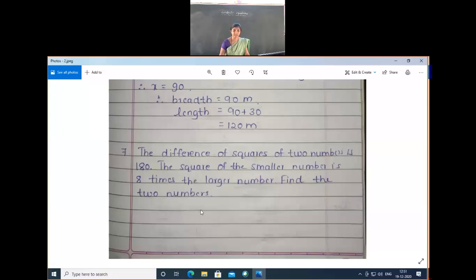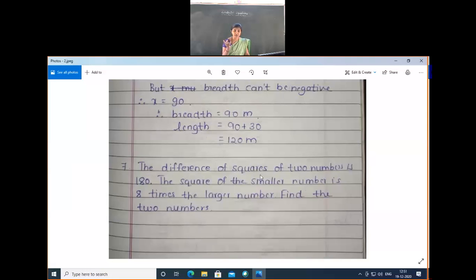The difference of the squares of the two numbers is 180. Next, the square of the smaller number is 8 times the larger number. So find the two numbers.